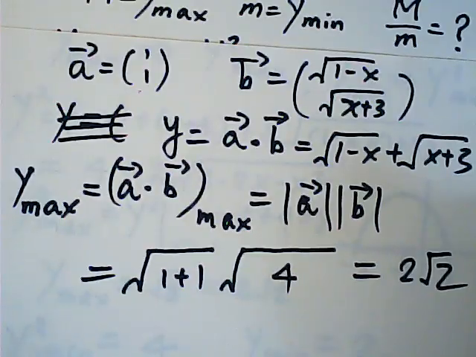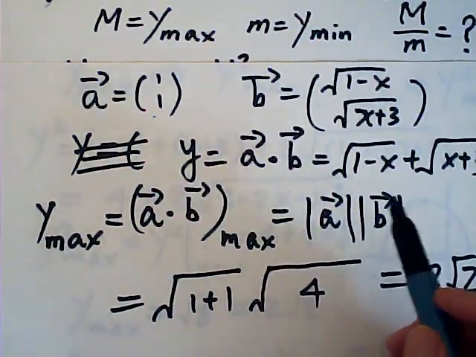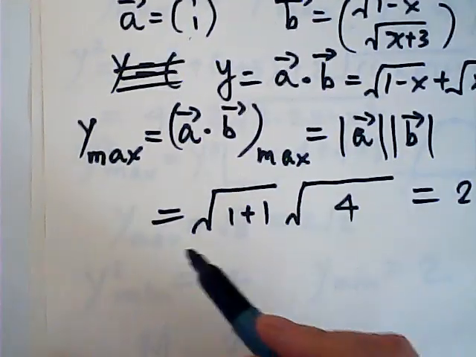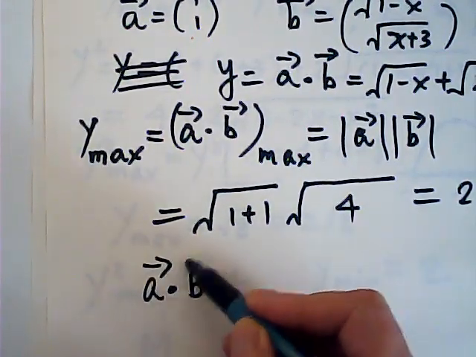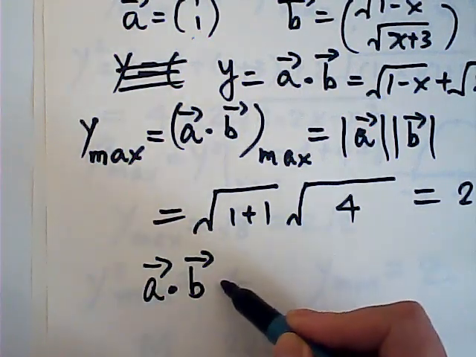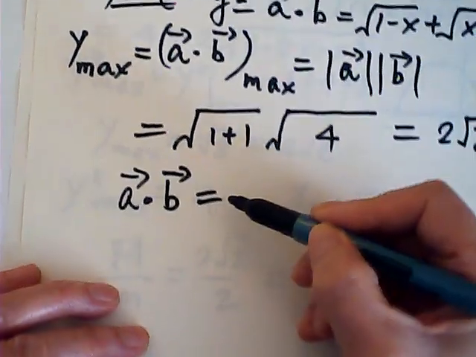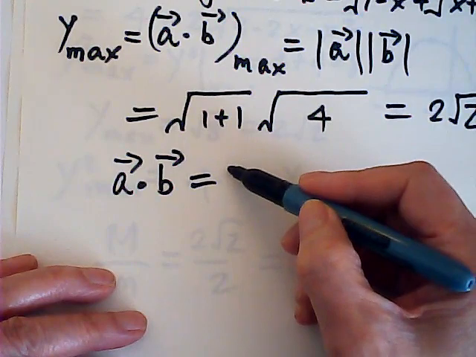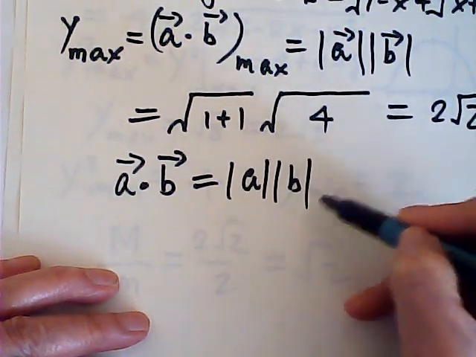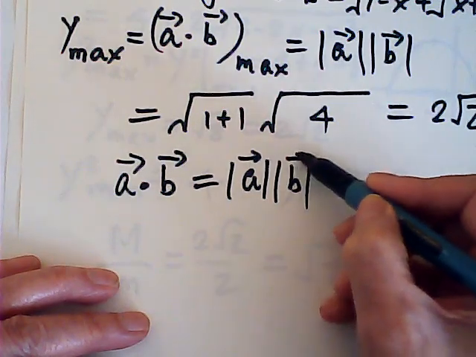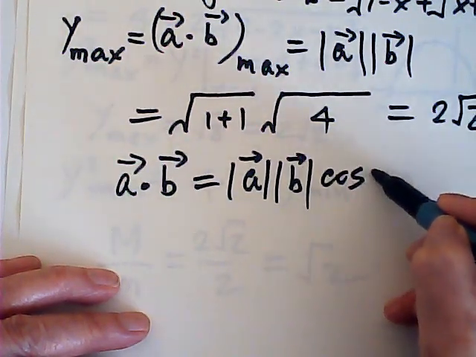For the minimum value, let me put it this way. A dot B, this is y. The definition of A dot B is norm of A times norm of B times cosine theta, right?